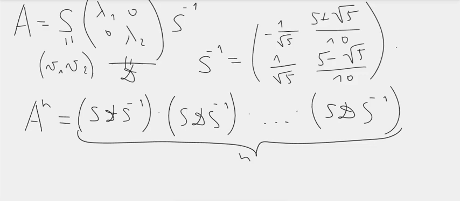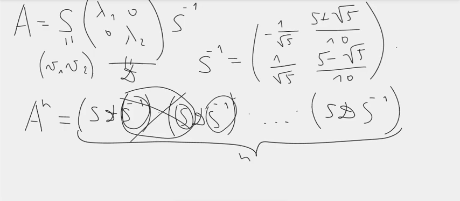We notice that S to the power minus 1 and S, when we bring them together, cancel each other, right? So this cancels, then the next S to the power minus 1 cancels with the next one, and so on. In total this would be equal to S D to the power n, S to the power minus 1.